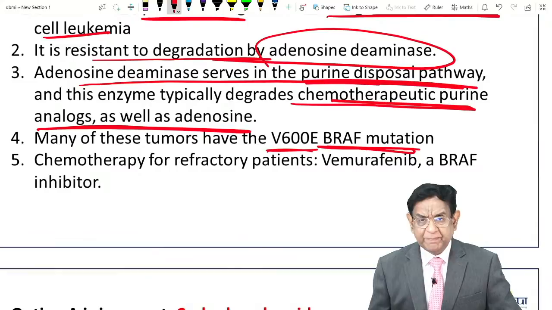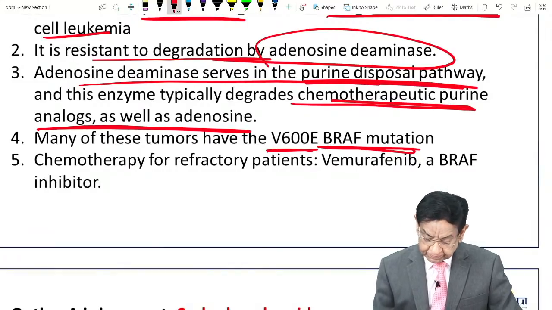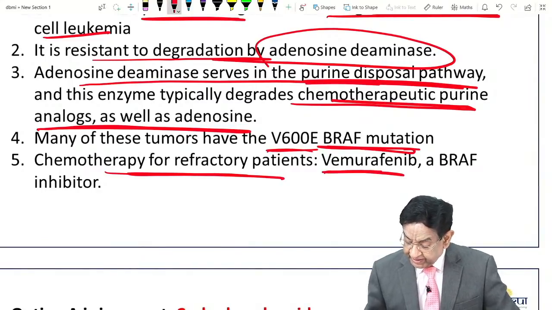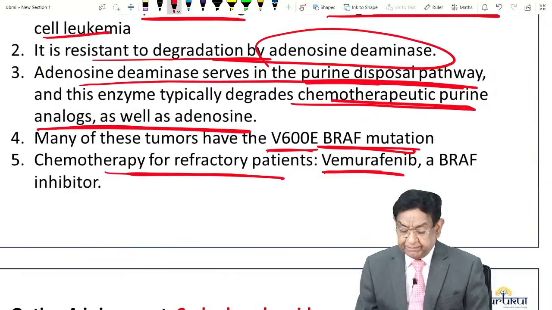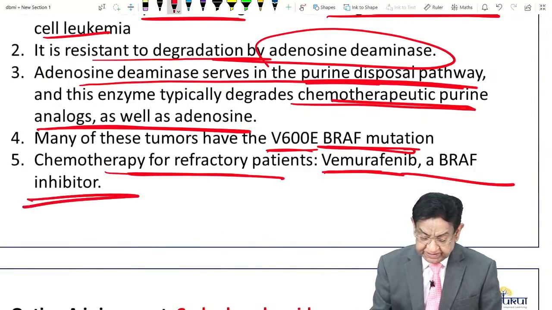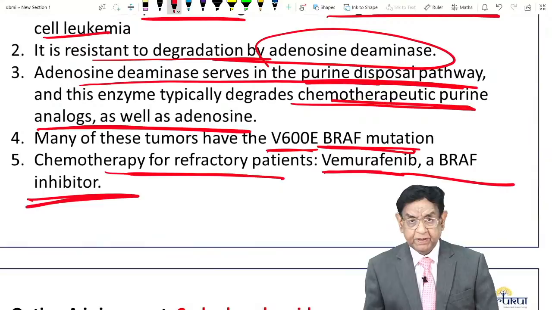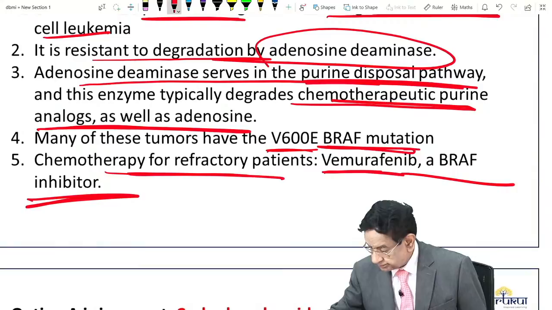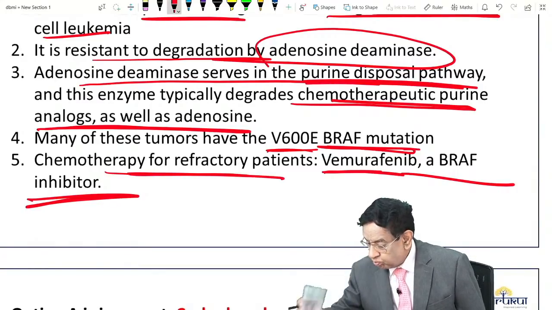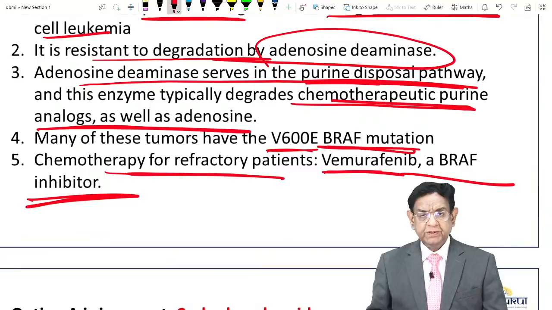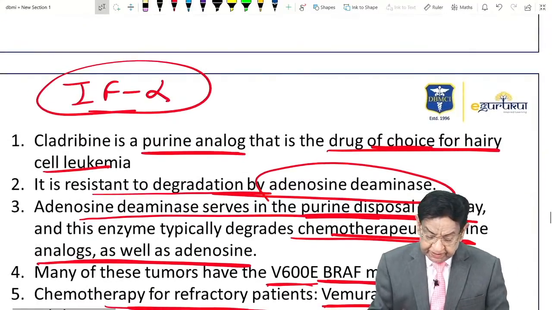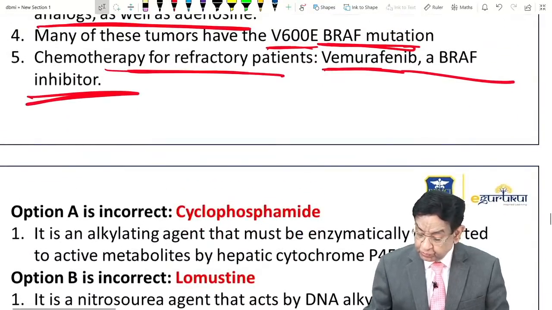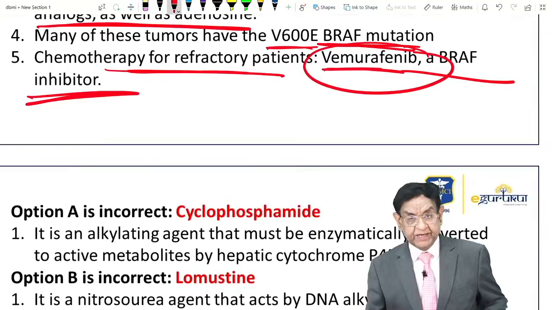But for the people who are not responding to this, for resistant cases, we use the drug vemurafenib, which is a BRAF inhibitor. So friends, cladribine is the first line drug of choice, and this we use only in resistant cases, not in a routine case.